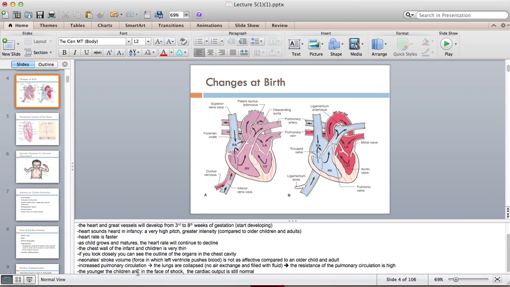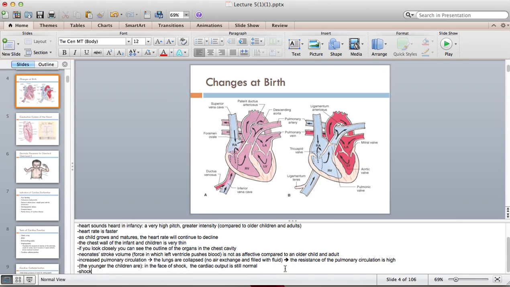And we're saying that shock and cardiac arrest in children will be preceded by respiratory arrest. You have respiratory failure before you have a cardiac arrest in a child or infant. But in the adult, it's the reverse. You have cardiac arrest, and then you have respiratory failure. But in infants, it's the flip.